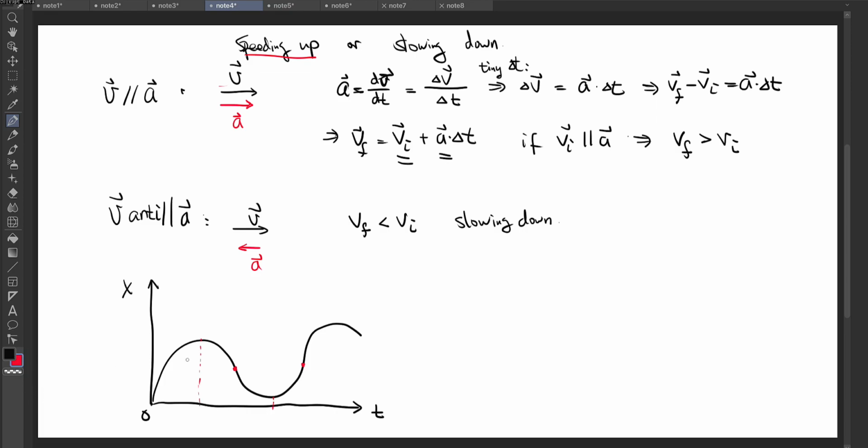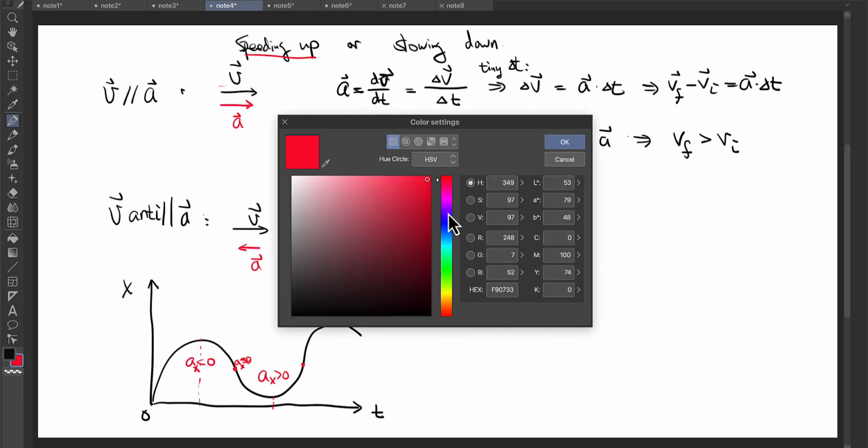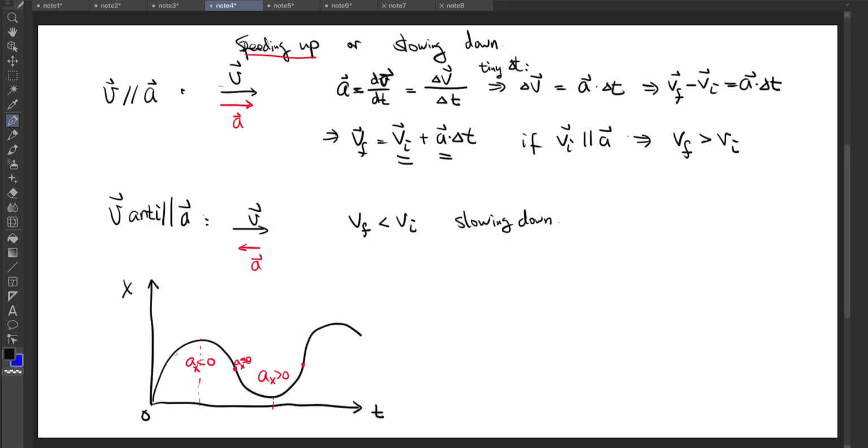So now we already talked about curving down, or convex. This A here, AX here, will be negative. And at this point, A equals 0, exactly at the transition point. Now at this range, before the next transition point, AX will be positive because it's curving up, or concave. And we also know how to identify the velocity direction by looking at the slope.